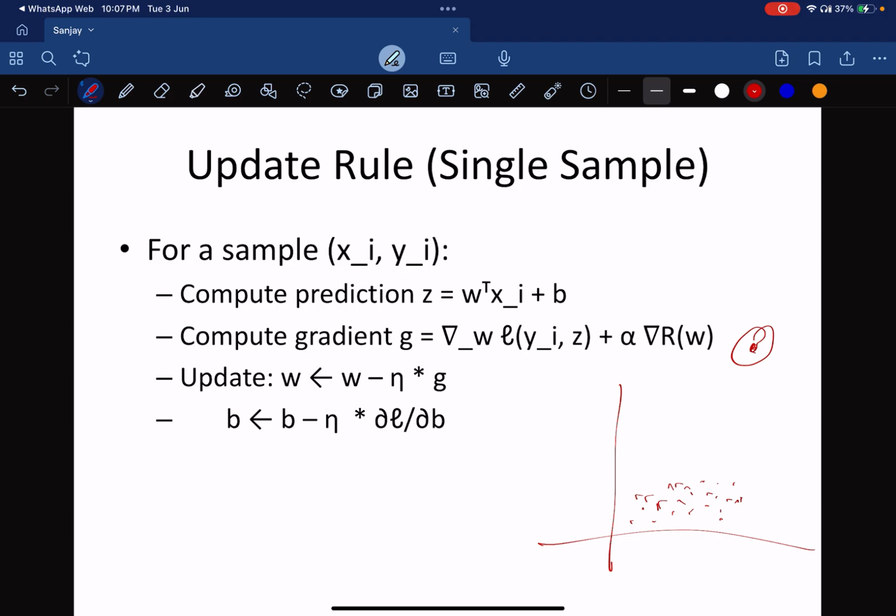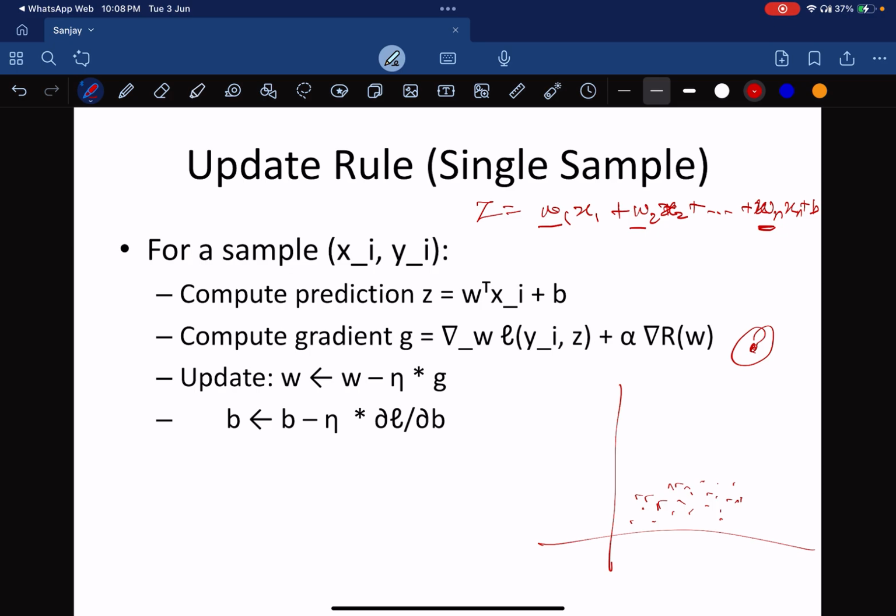For example, during training the model finds the hyperplane. The hyperplane looks like w1 x1 plus w2 x2 plus up to the number of features, that is n, wn xn plus b. These are the weights w1, w2 up to wn, and it will update the weights based on the single point.